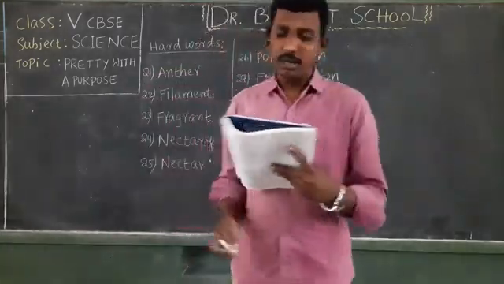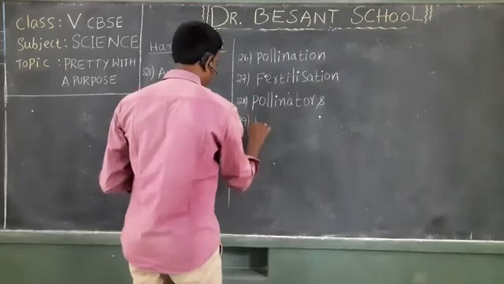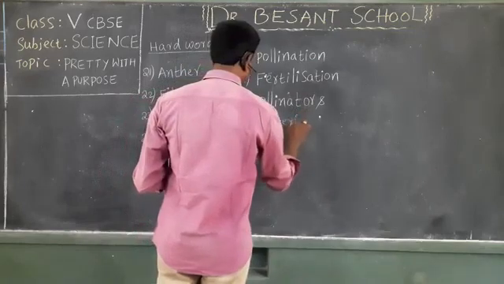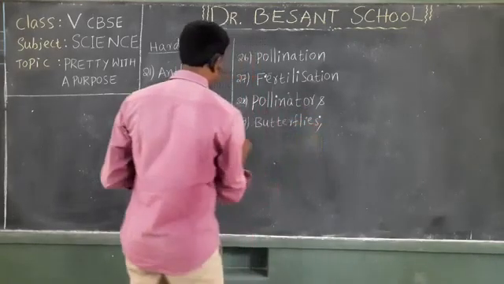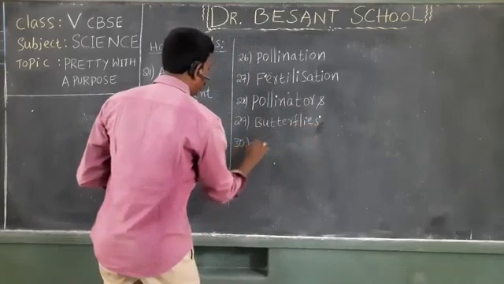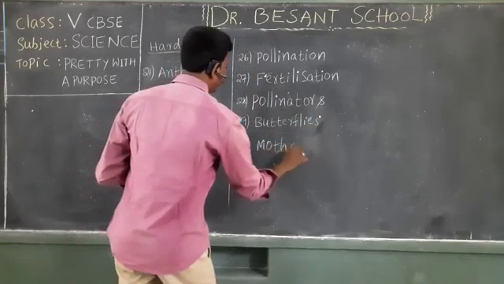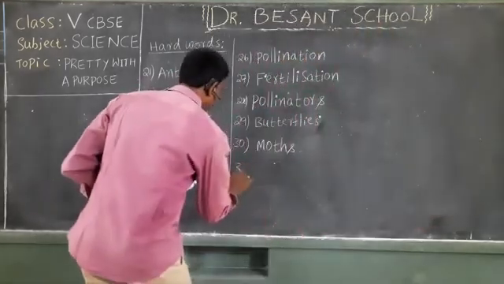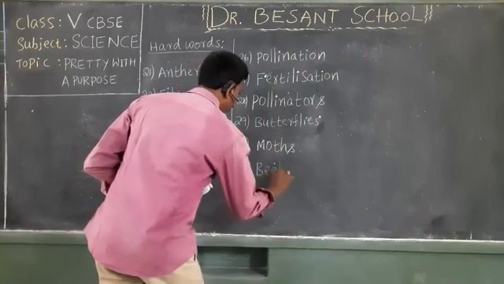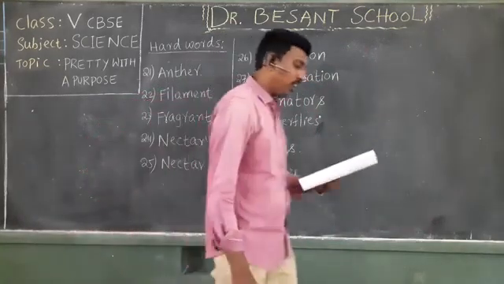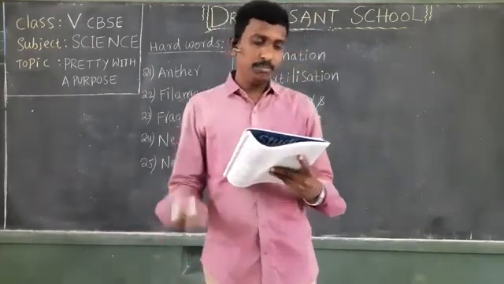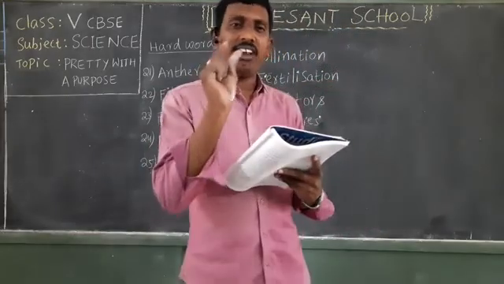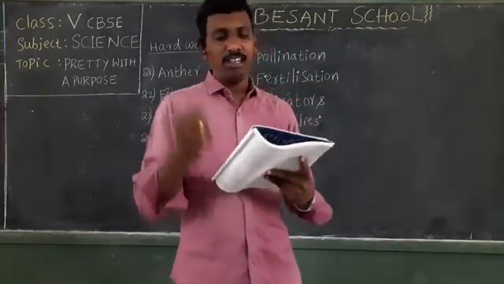Insects such as bees, butterflies, you highlight, my dear students, and you can also read moths and beetles. They pollinate the flowers. Not only this, some bats, birds, lizards, small rats, and even humans can be pollinators.